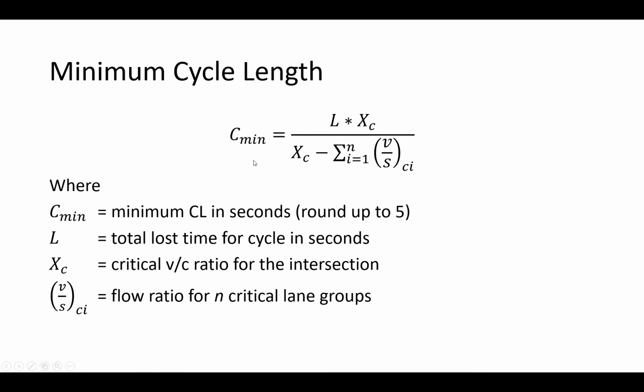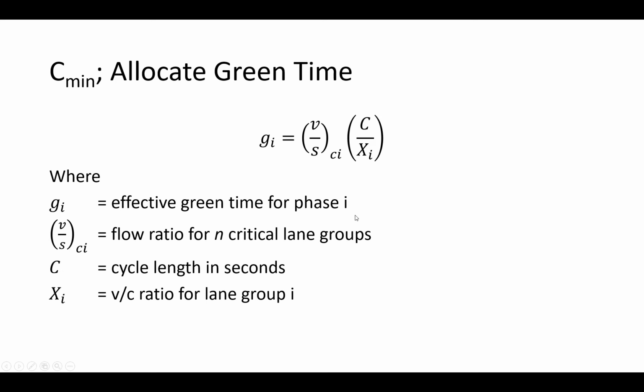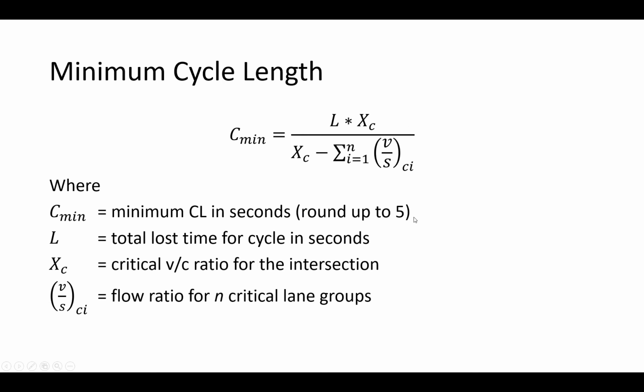So this is our minimum cycling. You can have a larger cycle length if you want. In fact, we usually round up, and I'm going to say we round up to 1 or 2. I would say I don't always round up to 5. Round up to 2.5 seconds.